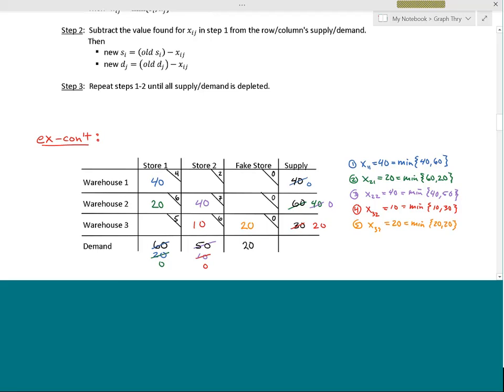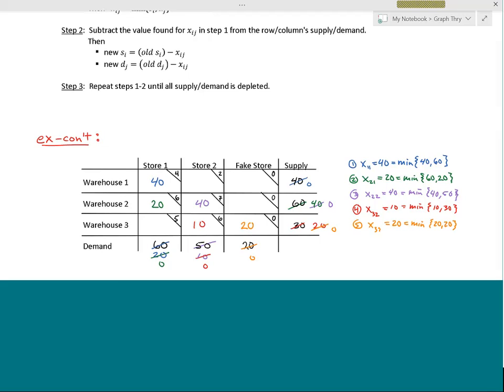And then if we actually wanted to close out the problem, we would say, hey, our supply and our demand got completely depleted in that last remaining row and column as well. This now is your initial solution.